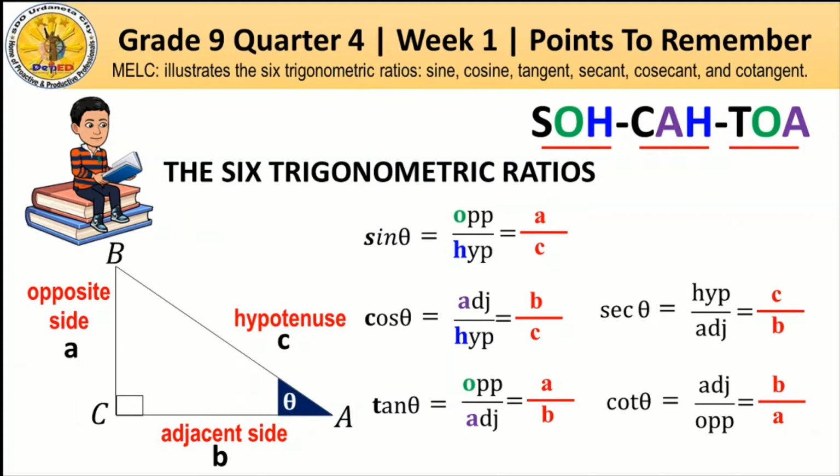This is the reciprocal of cosine theta. And the last one, cosecant theta, is equal to hypotenuse over opposite, or c over a. This is the reciprocal of sine theta. So, these are the things that you need to remember in dealing with the 6 trigonometric ratios.